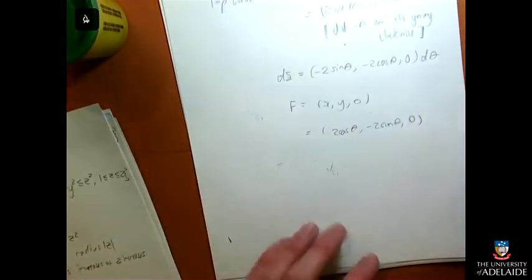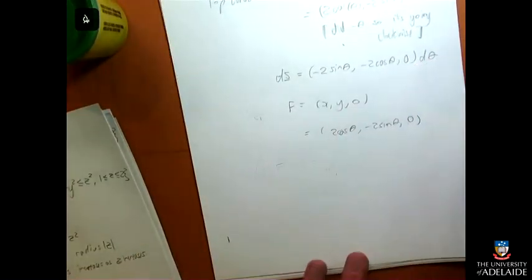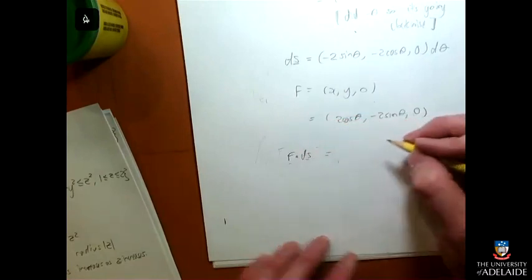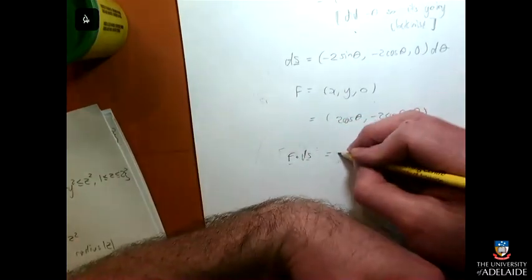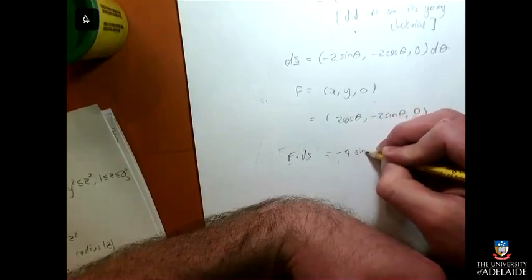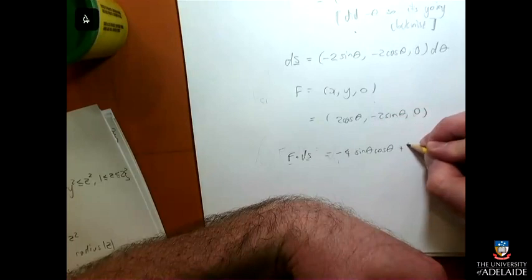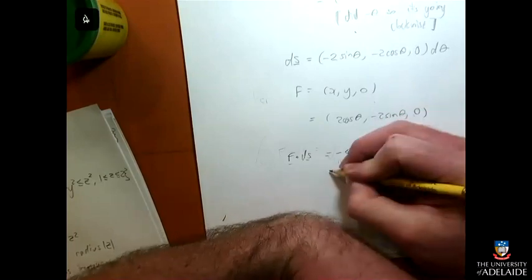I don't like writing integral signs a million times, so when we dot these, I'm going to get minus 4 sine theta cos theta plus 4 cos theta sine theta, which is 0.